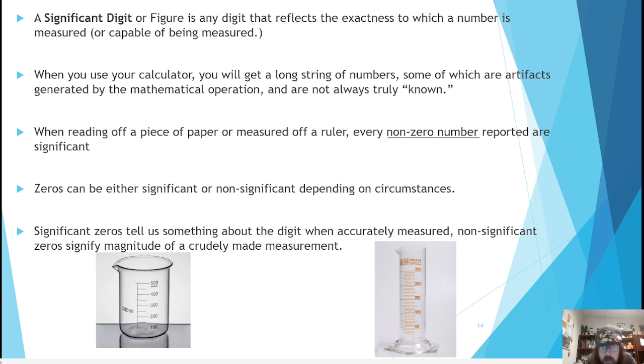These two pieces of glassware can measure, well, one can measure up to 250, one can measure up to 500, but if you look at the exactness, the one glassware measures at the 100, 150, 200, 250, every 50 mils. And even then, it's not going to be super exact.